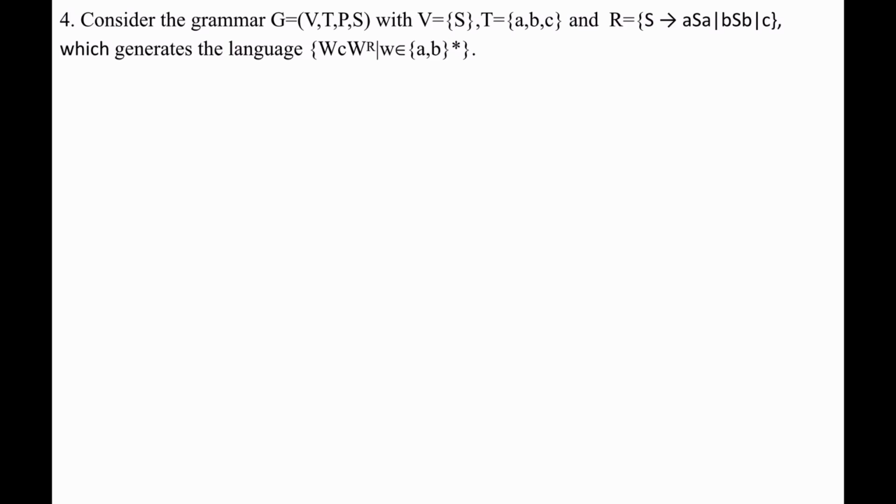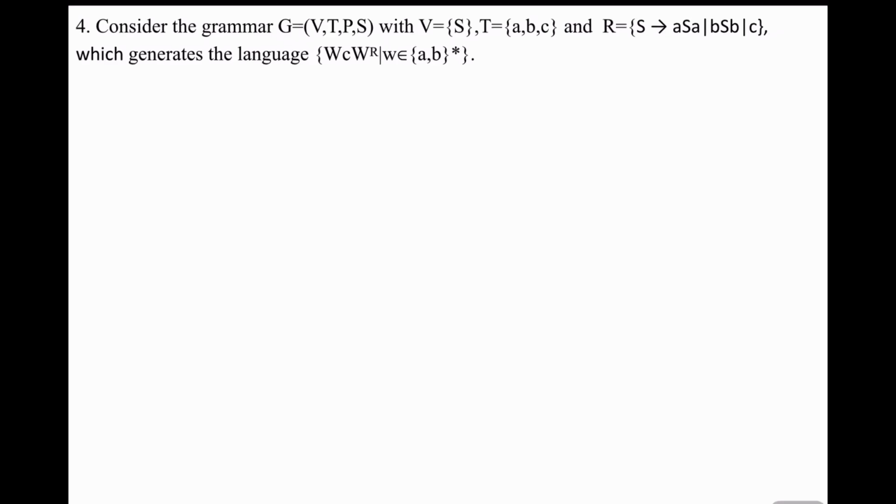Hello everyone, today again in this video we'll discuss another kind of conversion from CFG to PDA. What is this other type of conversion? There are two types of conversion from CFG to PDA.